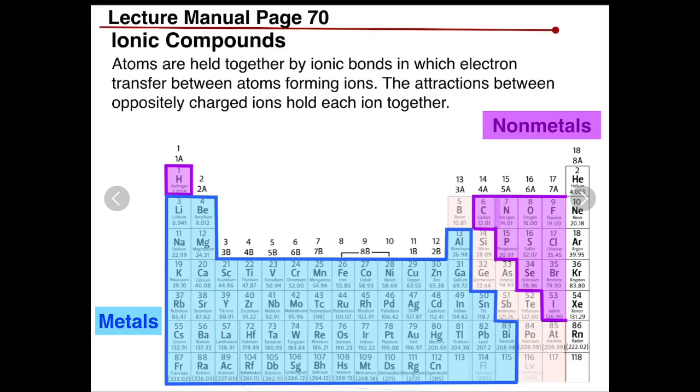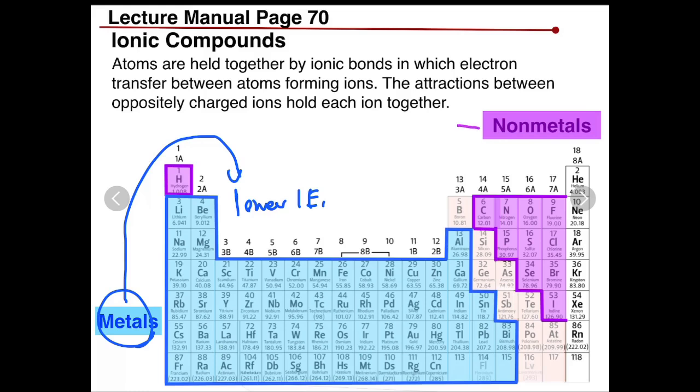The reason for that is because we already talked about this, right? Metal has lower ionization energy than non-metal. Therefore, it's easier to remove the electron, right? Non-metal has a higher ionization energy. And because metal has lower ionization energy, it is easier to remove electrons, or tends to lose electrons. That's what metallic character is, right?